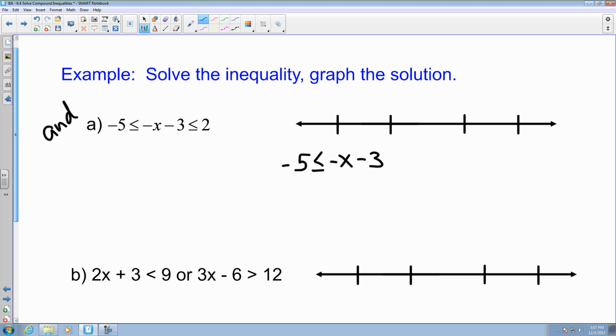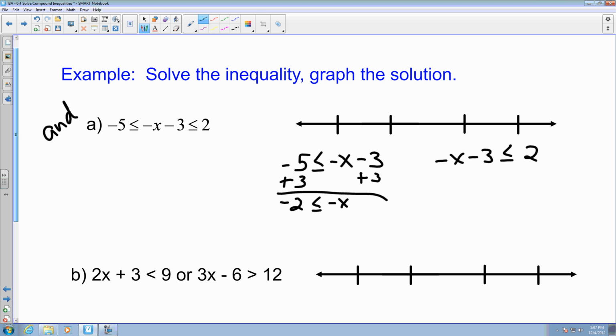And another way to write this, it would be -x minus 3 is less than or equal to 2. So I'm going to keep that in mind. I'm going to solve this first one. I'm going to add 3 to both sides, which then gives me -2, which is then less than or equal to -x.